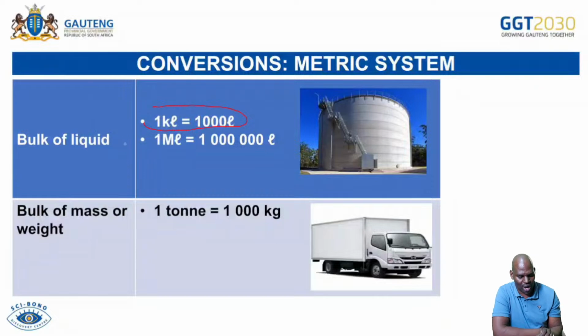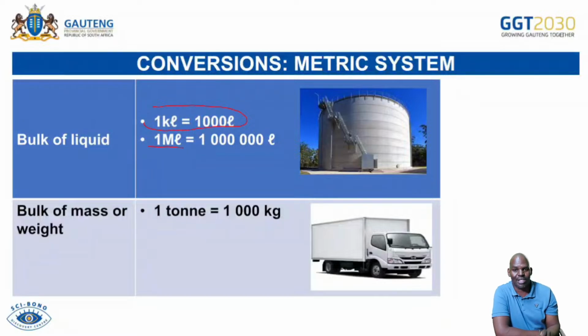Okay, and then we also have a bulk of water. Let's say, for instance, the municipality of the city of Johannesburg actually receives water from Rand Water. Rand Water must be able to measure the amount of water that is being used by the city of Johannesburg or the city of Tshwane, for instance. So how do they measure the amount of water, because it's a lot of water in liters? They actually use the word megaliters.